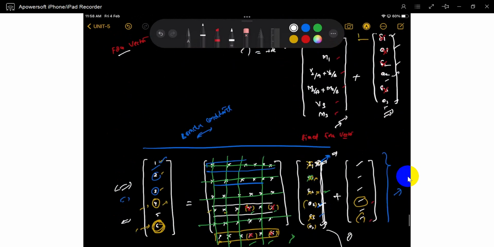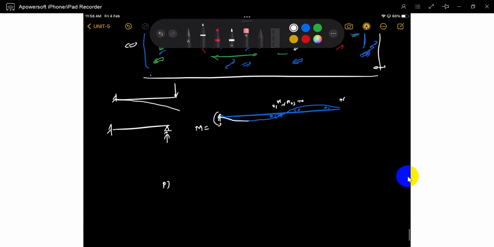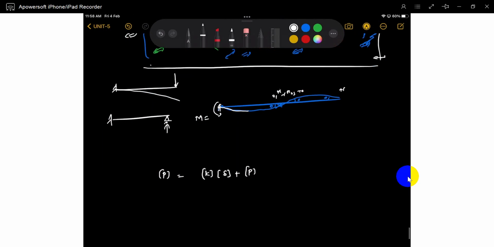Here, the force vector is the stiffness matrix multiplied with the rotation, the delta matrix. This is a force vector. So these are the unknowns, the k matrix multiplied with this matrix. Understood?